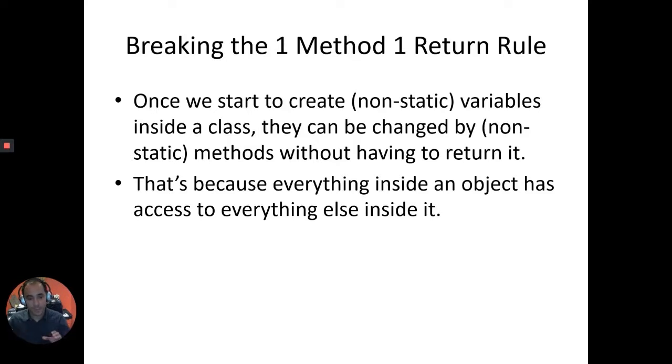It might not return anything, but it could go ahead and affect as many of those instance variables as it wants to. And that's because everything inside an object has access to everything else inside the object, right? If it's part of the object and it's a variable, it has access to be able to change that.